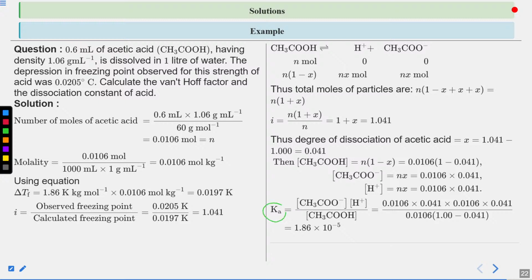Finally, the Ka value will be the product of the concentration of the products divided by the product of the concentration of the reactant. Your x is your alpha here. Same alpha is taken as x in this case. So that will give you 1.86 into 10 to the power minus 5 as your final Ka value.